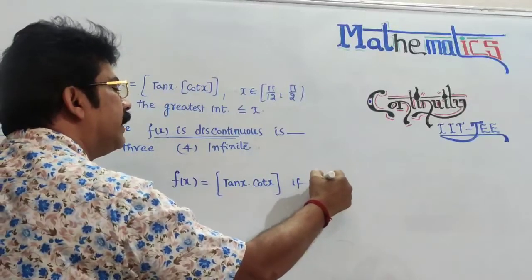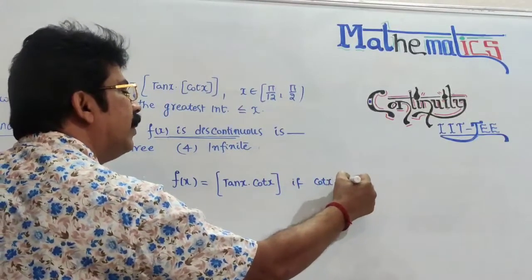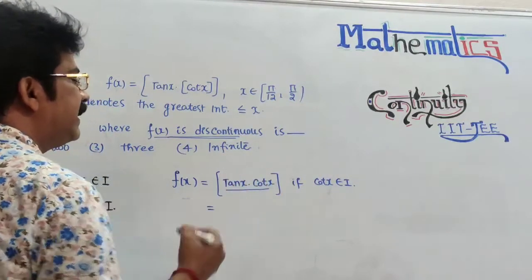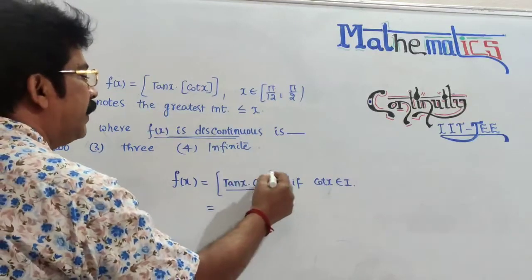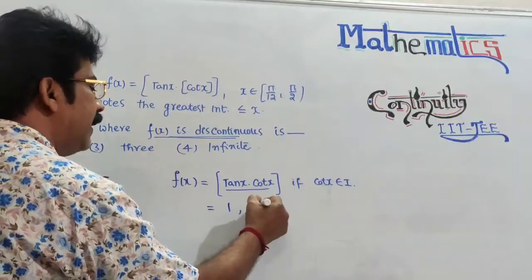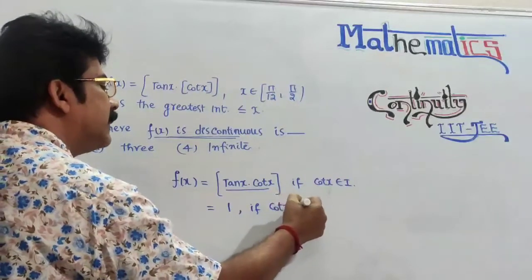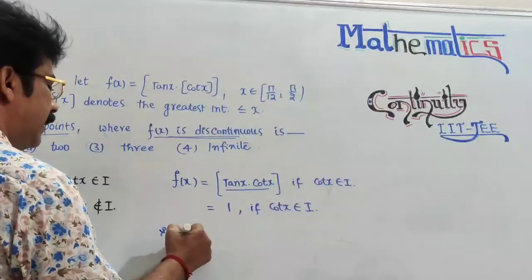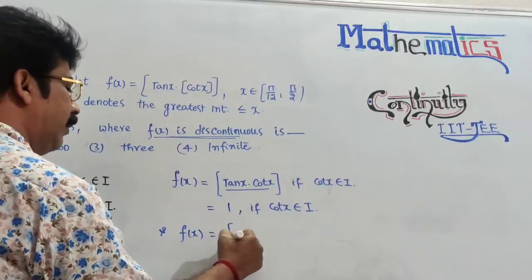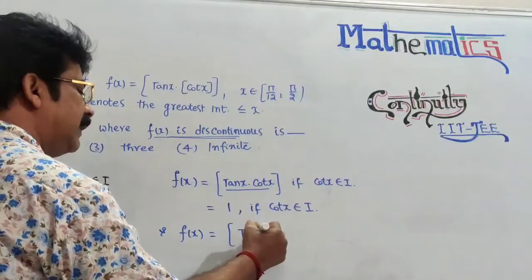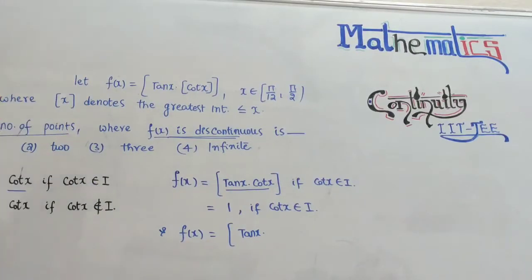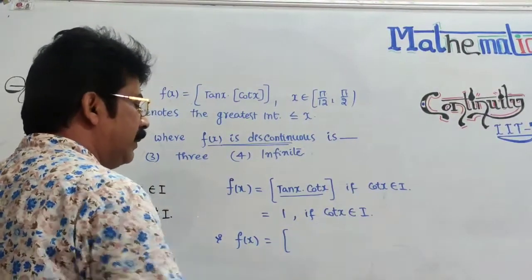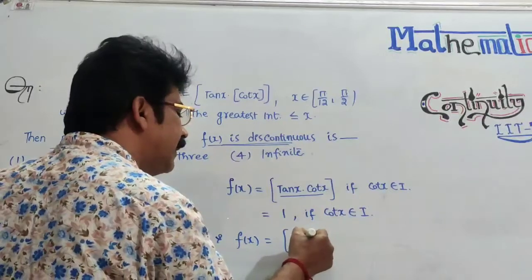If cot x belongs to I, that is tan theta into cot theta, which is equal to 1, so floor of 1 if cot x belongs to the integers. Next, f of x is floor of tan x into something less than cot x, so this value is something less than one.